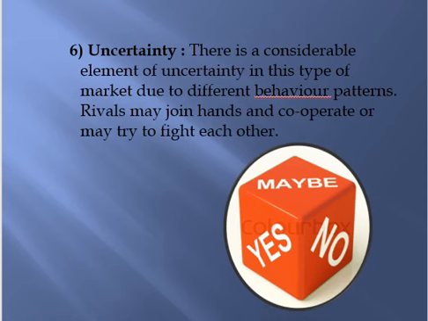Then moving on to our last part called uncertainty. Certainty means sure, a surety. You're sure of this. But uncertainty means not sure. The meaning of uncertainty is you are not sure about it. There is no certain prediction, right? So when it comes to the oligopoly market, there is a considerable amount of uncertainty in the market because there are different behavior patterns of the firms. That means they are rivals.